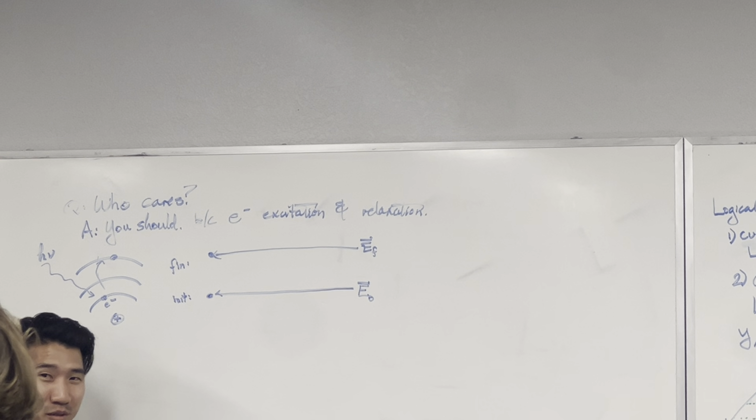So here, the electron jumps up and then comes back down. So let's actually draw a coordinate system. Here, this is, we'll say, y relaxed. We'll call this y excited.